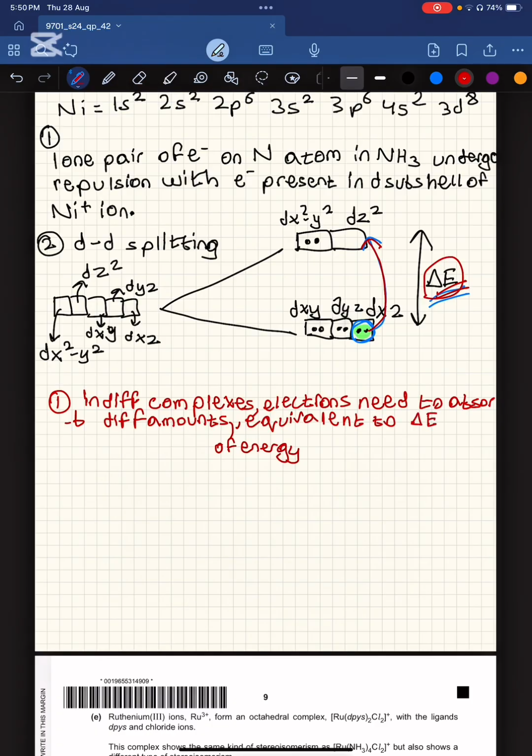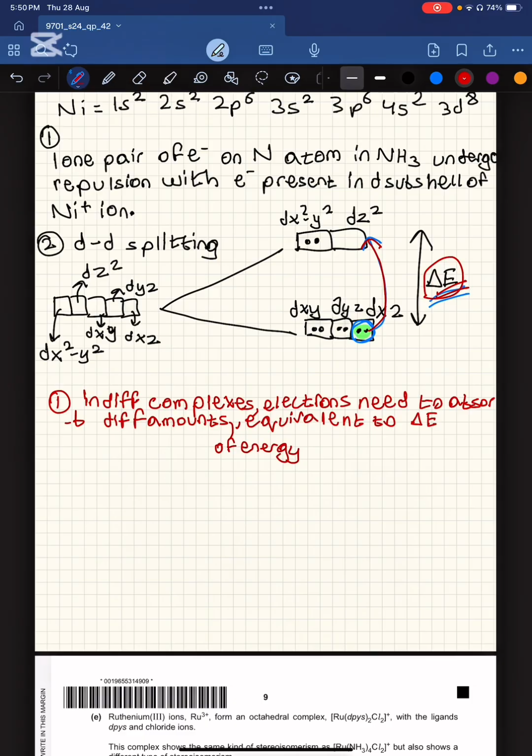Right, this is clear. Now, for example, if I have complex A and complex B, both of these have different delta E values. Electrons need to absorb energy equivalent to their delta E values. But how do electrons get different energies to be able to absorb them?